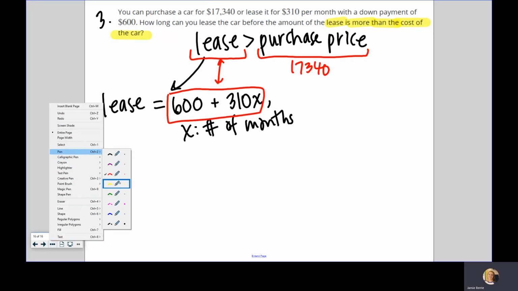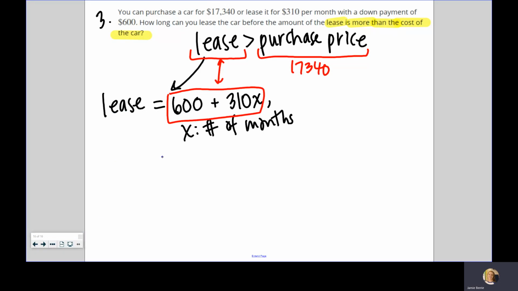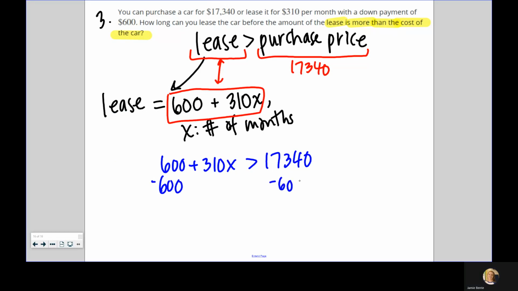All right, so let's plug those in. We have 600 plus 310x greater than 17,340. All right, so we're going to solve for x here. So we're just going to move this 600 over. So we get 310x greater than 16,740.